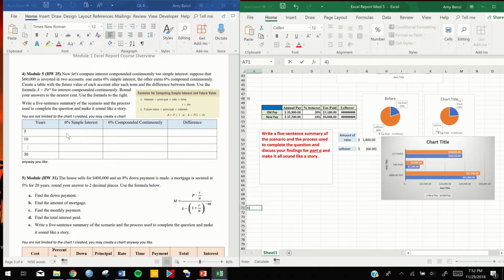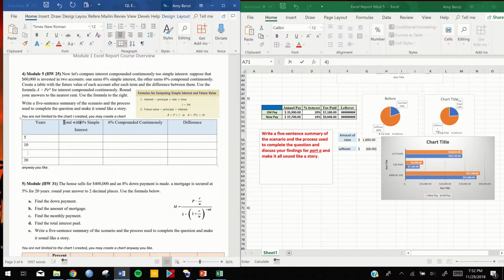So there are a lot of things that we could add to our table here. I just had years, 6% simple interest. I guess really I should have said total with, because we're going to actually just go ahead and calculate the whole thing for each of these.